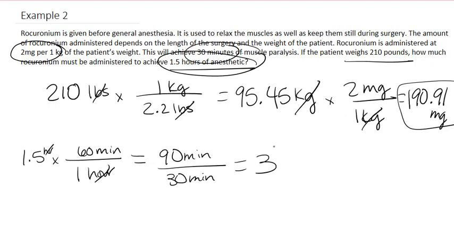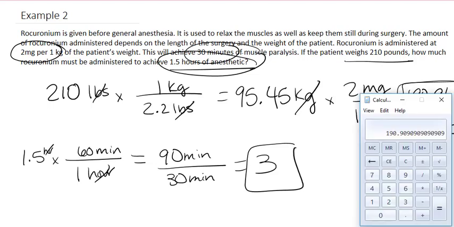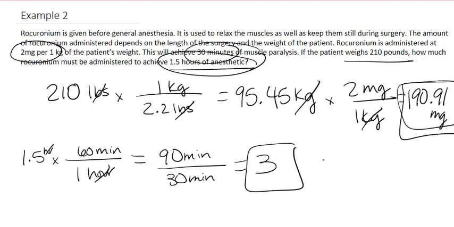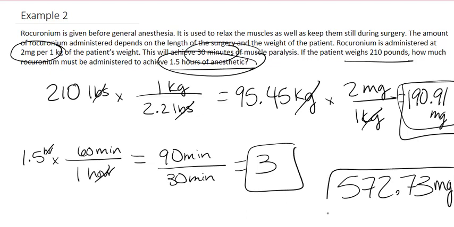So now we're going to multiply this 3 times this 190.91. So we'll get our calculator out and multiply by 3. So this gets us to 572.73 milligrams. So we will need this much of the drug to cover 1.5 hours of anesthetic.